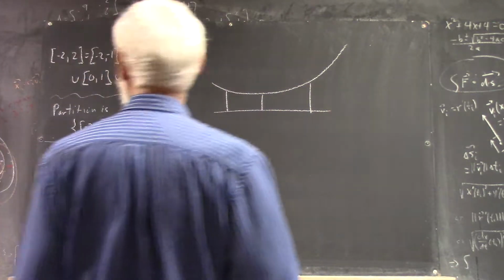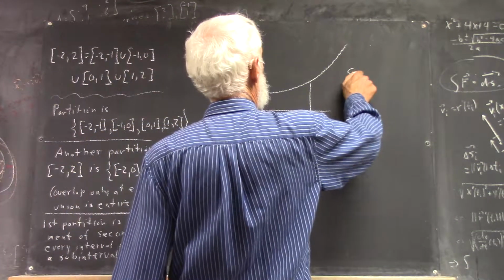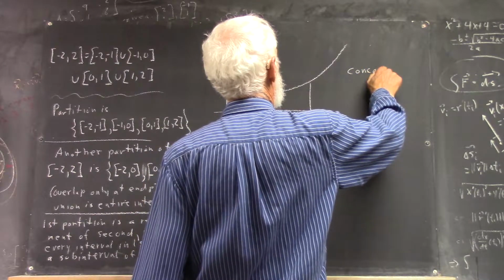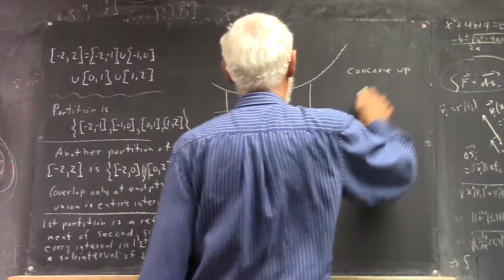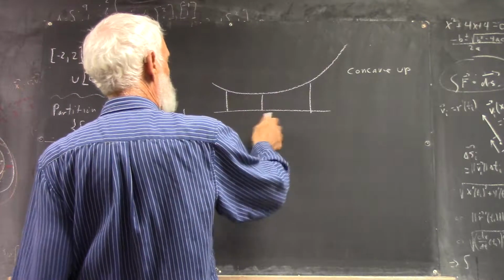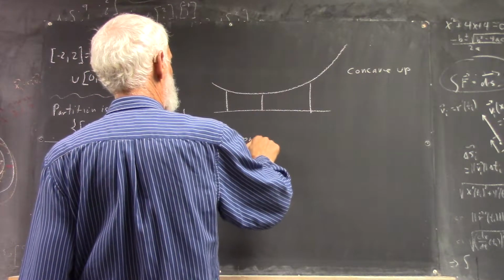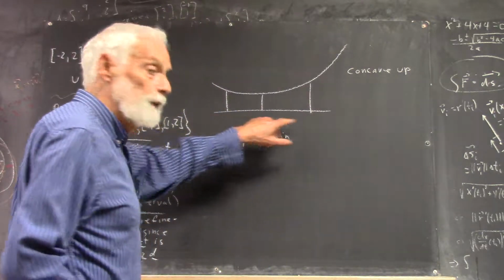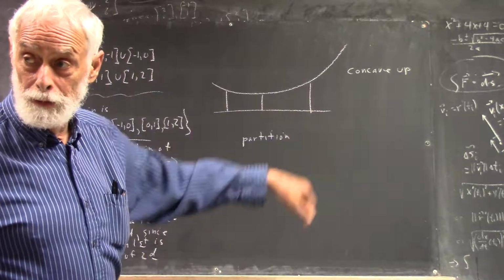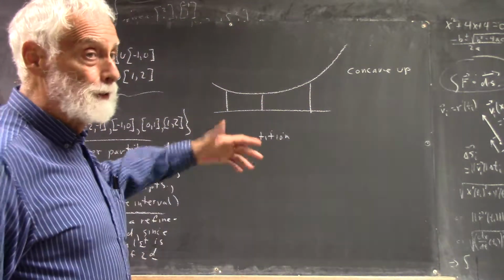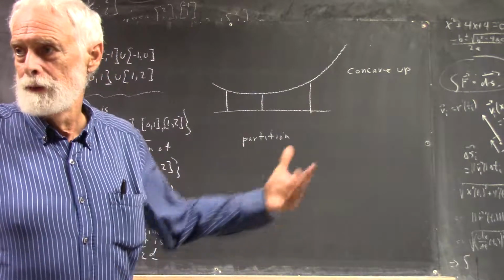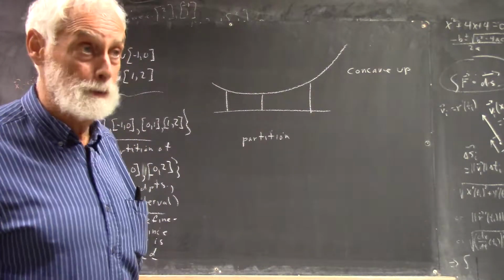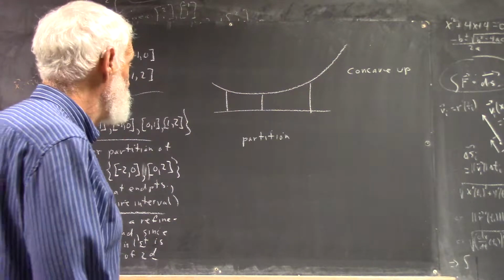Getting a little bit long, but that's okay. So this is concave up. And here's a partition. The partition is implicit. It's this interval, whatever this is. I'm not going to put letters on it because that would only confuse the picture.